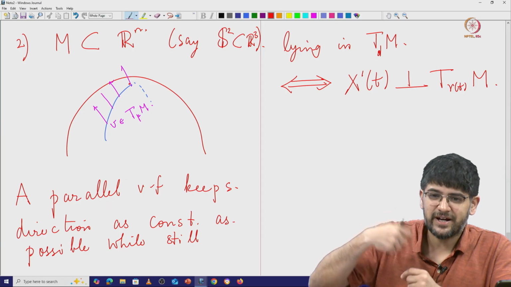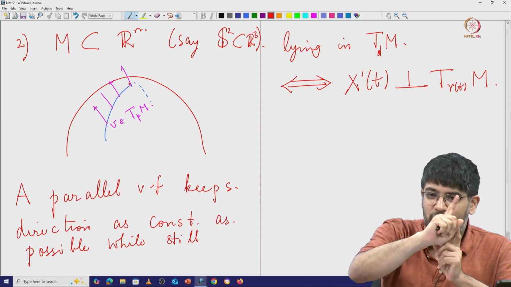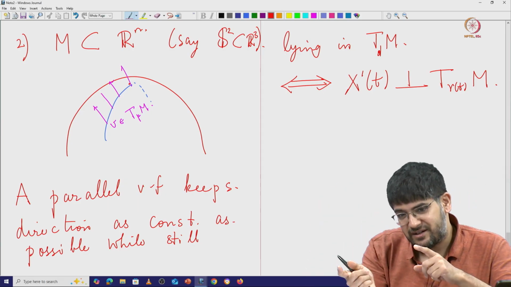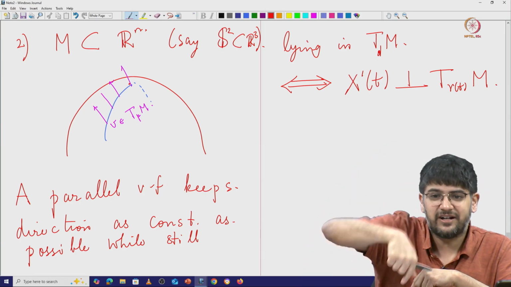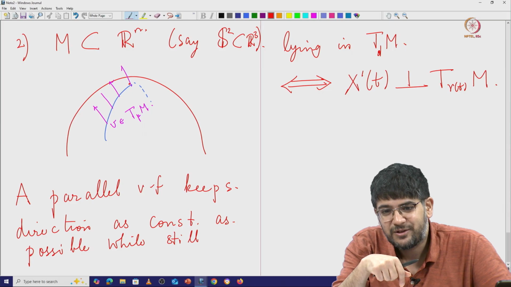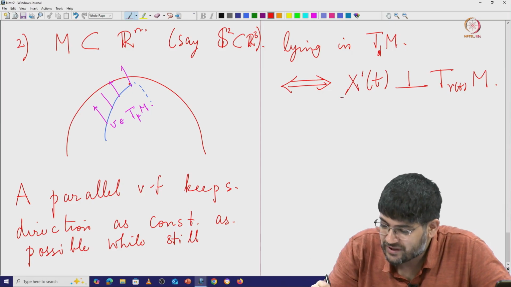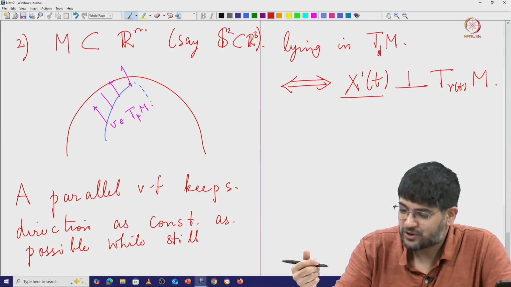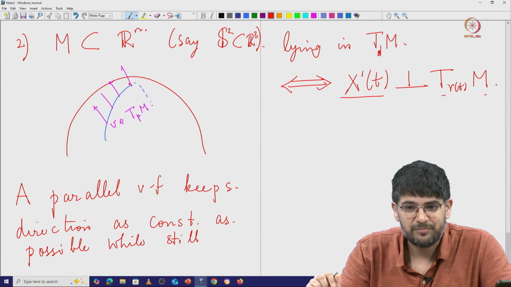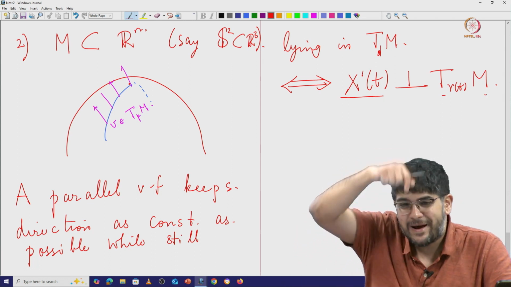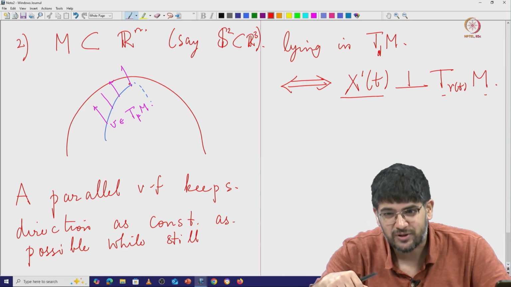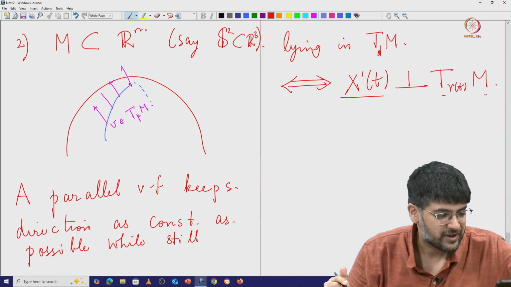Because the only correction that's needed to make sure that it is still tangential to M is a correction in the perpendicular direction. That's the only correction needed to make sure that your parallel vector field comes back to the tangent space to M.